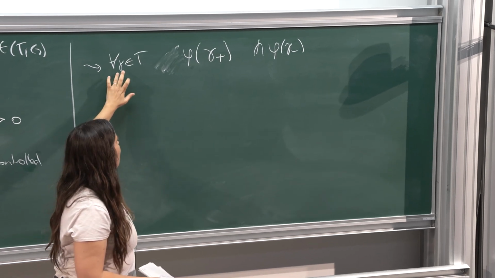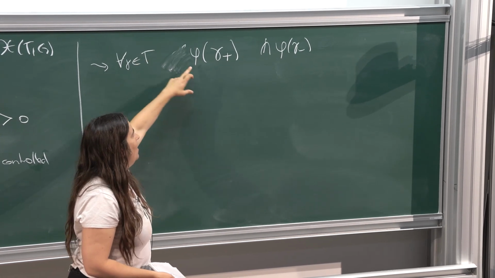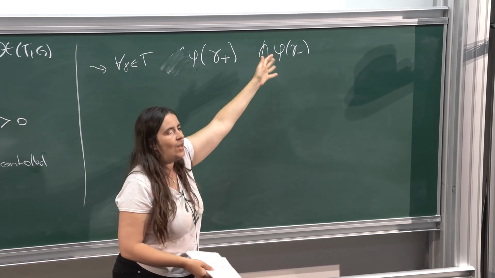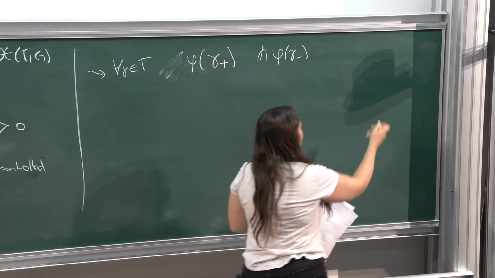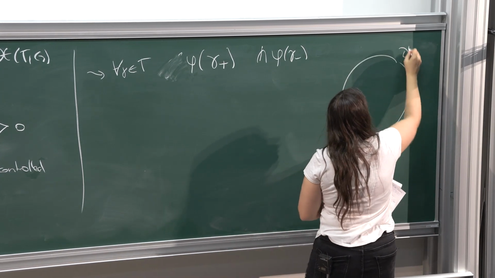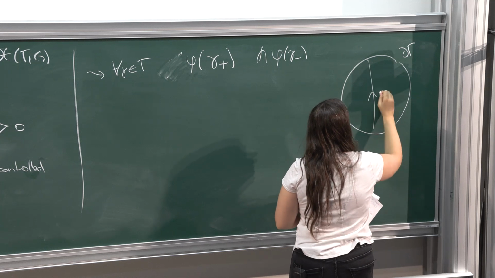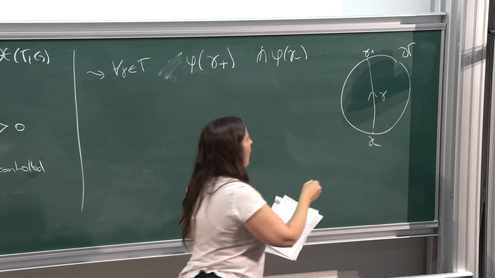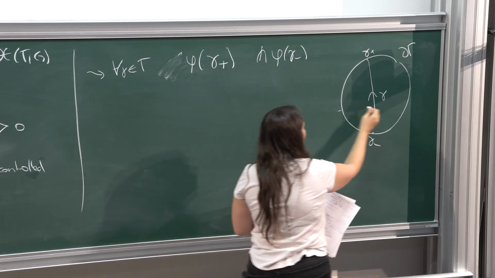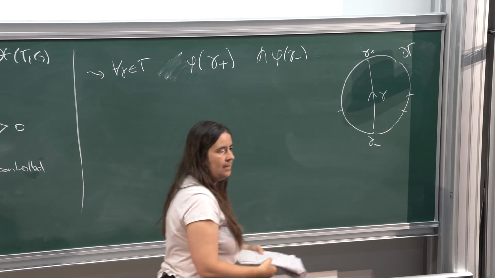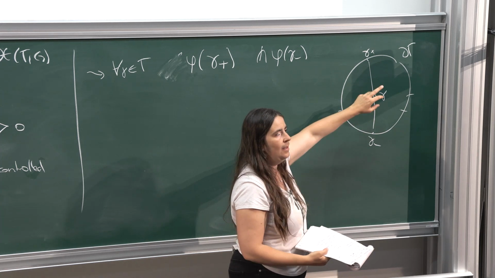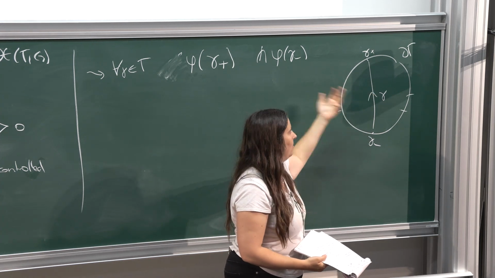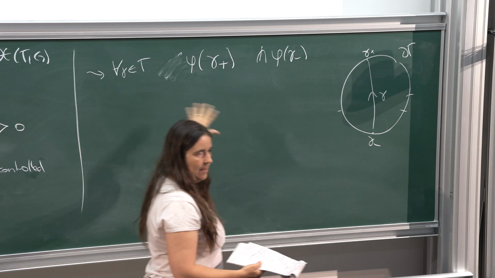So this tells me that I can define the value of the boundary map at all attractive points. That's a dense set in the circle. So this is the boundary of gamma. This is gamma plus, this was gamma minus. And from this dense set that's everywhere, I can define it. And if I stick to one orbit, this map is going to be gamma equivariant.